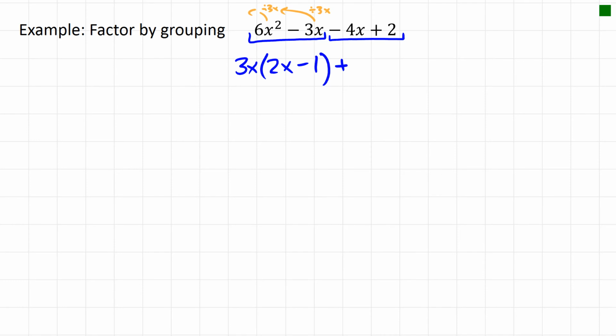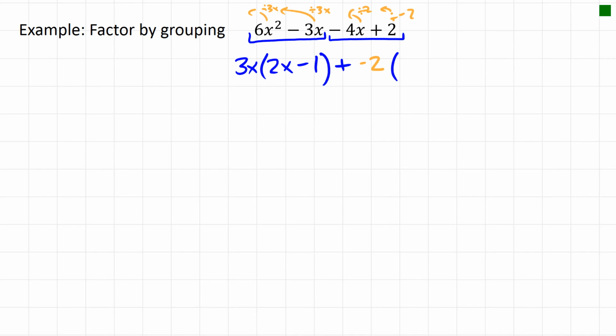And then in the second pair, so I'm going to separate the 2 pairs with a plus sign, I'm going to factor off negative 2. And again, I'm using the negatives to my advantage. So I'm going to factor off negative 2 from each of those items in the pair.